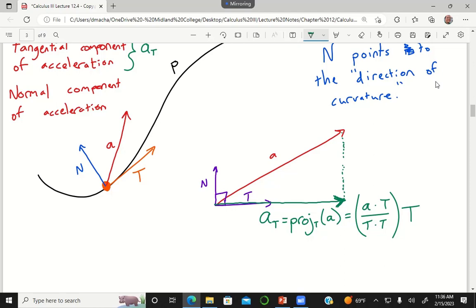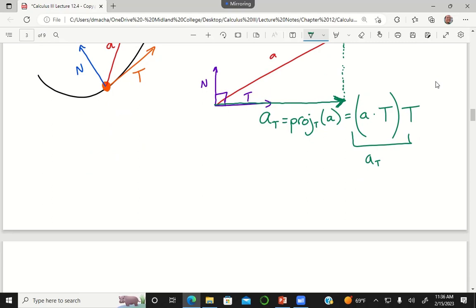T dot t is the magnitude squared, which is 1. So I actually don't need the denominator. That's just dividing by 1, right? So this projection would be a dot t. Let me rewrite some things. I should say that this projection of my acceleration vector onto t is a dot t times t.